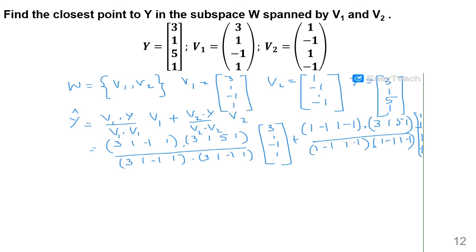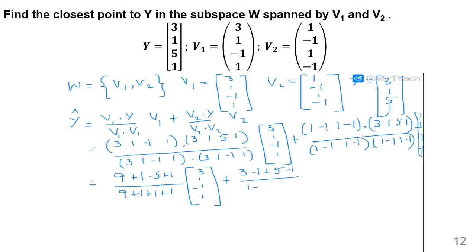When we simplify this, we get 3 into 3 is 9, plus 1 minus 5 plus 1, divided by 9 plus 1 plus 1 plus 1, times (3, 1, -1, 1), plus here I get 3 minus 1 plus 5 minus 1 divided by 1 plus 1 plus 1 plus 1, multiplied by (1, -1, 1, -1).